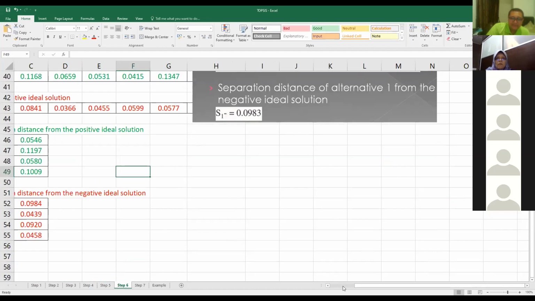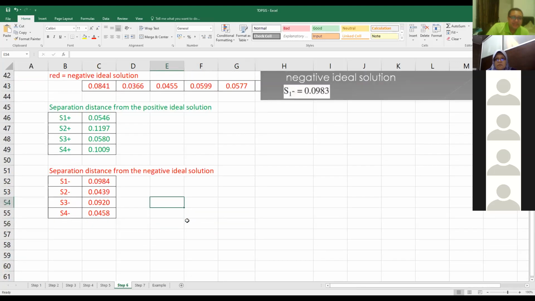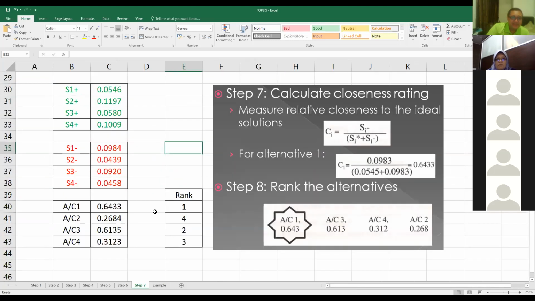But in reality there are four values each: S1, S2, S3, and S4. There are a total of 8 values, 4 for the positive and another 4 for the negative ideal solution. Step number 7, again, is like the one we have gone through just now.